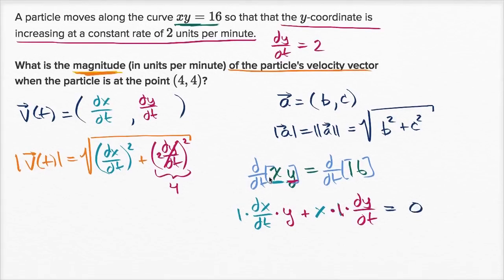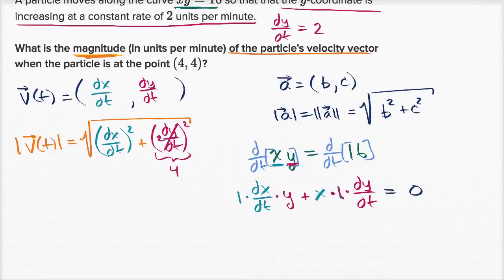So let's see, what does this simplify to? In fact, we don't even have to simplify it more. We can actually plug in the values to solve for dx/dt. We know that dy/dt is a constant 2. And we want the magnitude of the particle's velocity vector when the particle is at the point (4, 4), so when x is equal to 4 and y is equal to 4.